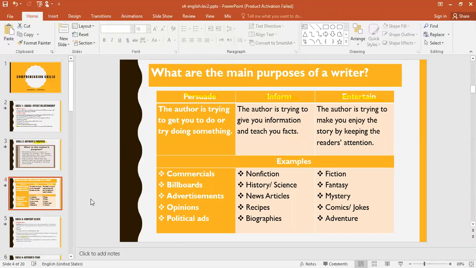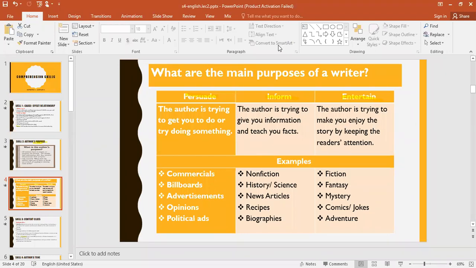To inform is when the writer is giving you information about a certain thing, person, or country, just giving you information. And to persuade is to try to convince someone to do something or to buy something.